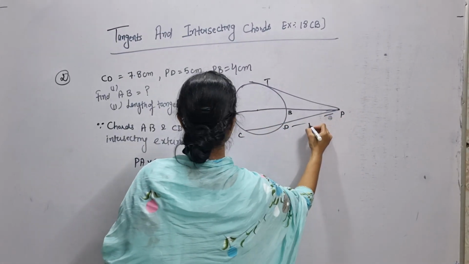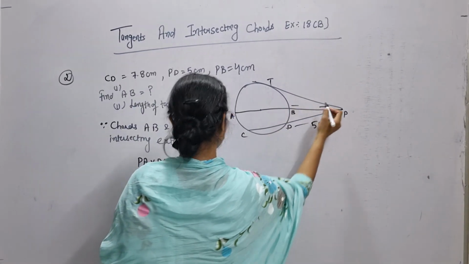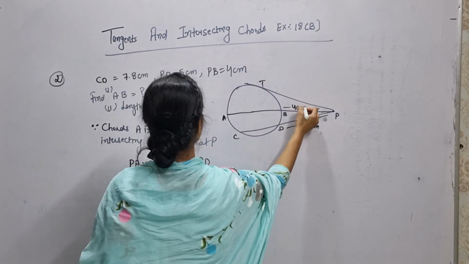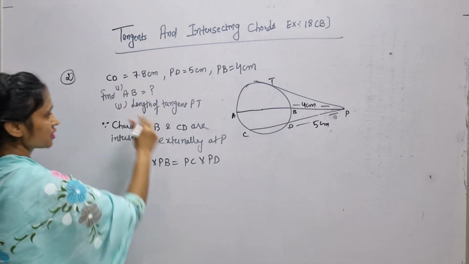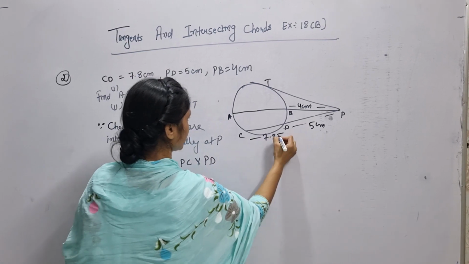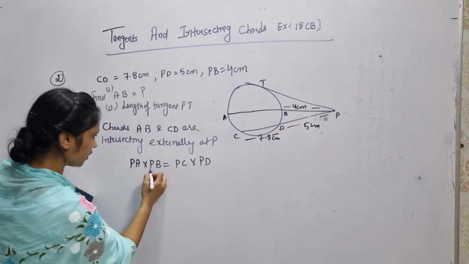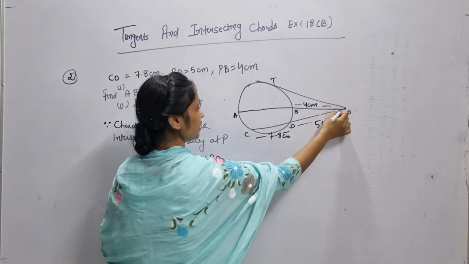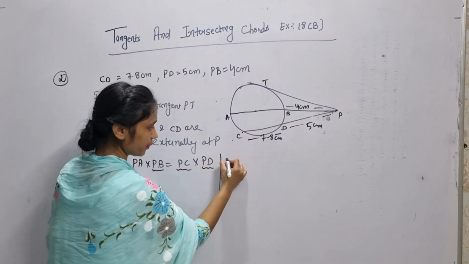PD is given by 5 centimeter. And PB is 4 centimeter, and CD they have given as 7.8 centimeter. So PB is given, PD is given. Okay, I need PC.